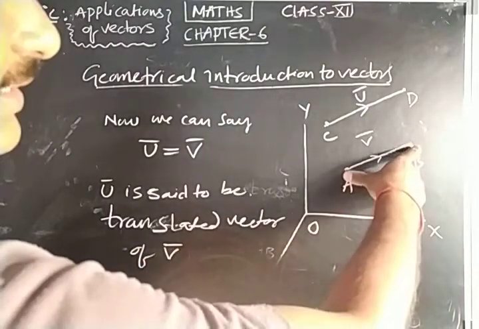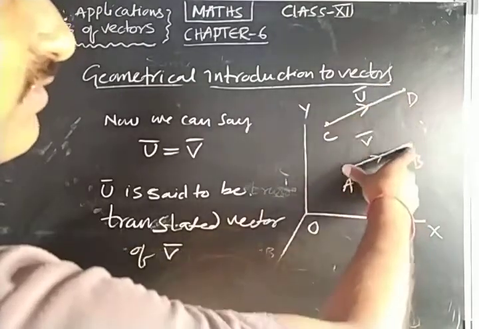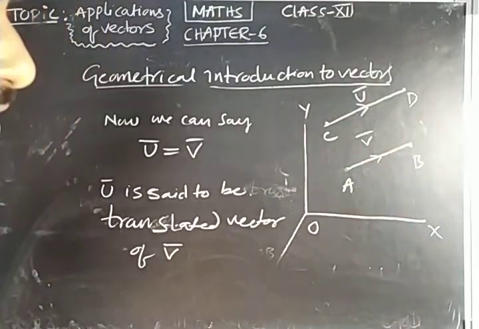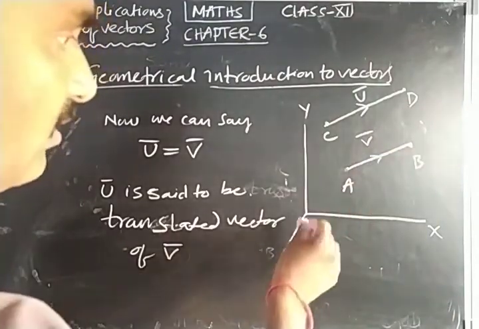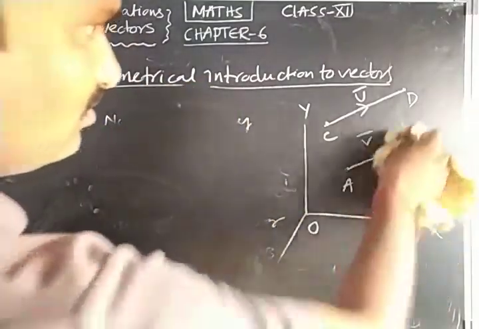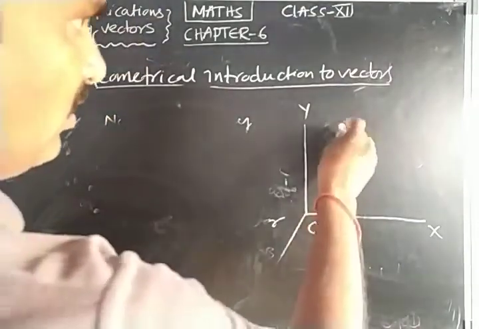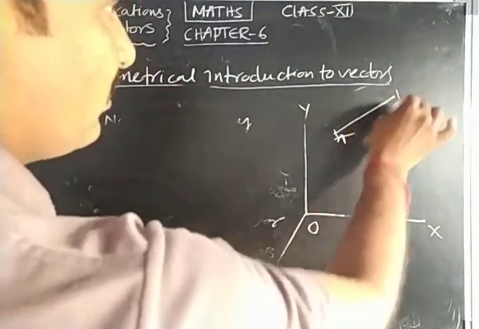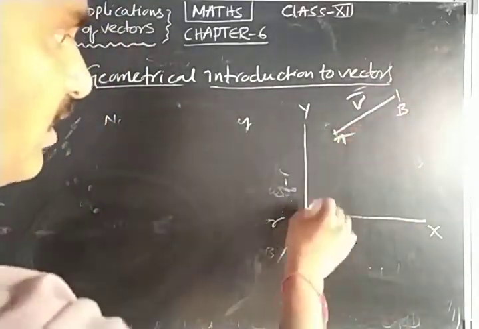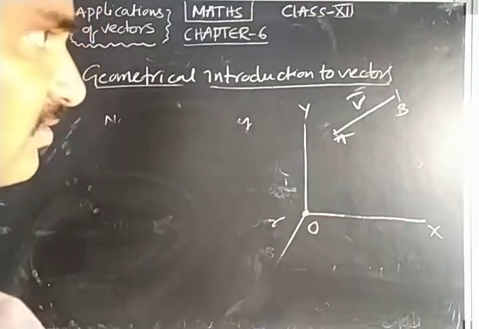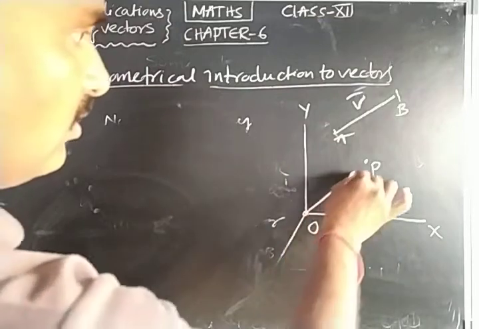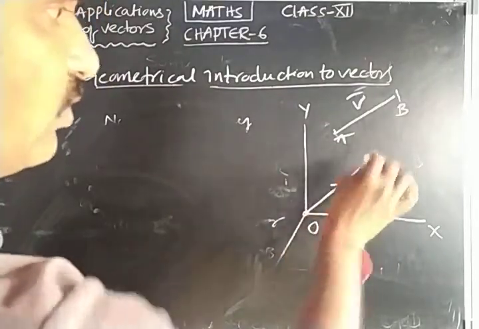So you can translate AB vector anywhere, but the magnitude should be the same and the direction should be the same. Suppose the same AB vector, which is V bar, with some magnitude. Suppose I am translating this vector so that initial point A coincides with the origin, and B coincides with some point P, like this. Direction is the same and magnitude is the same.